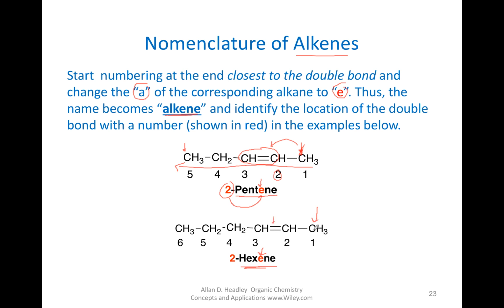We know we start numbering from here because this double bond is closest to the end. This double bond is in position number 2, so we'll have to indicate the position of that double bond, which is 2. Of course, if the double bond were here or someplace else in the molecule, we'd have to use a number here to indicate its position.